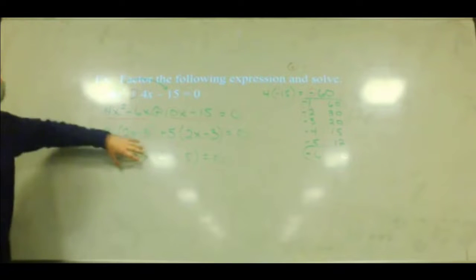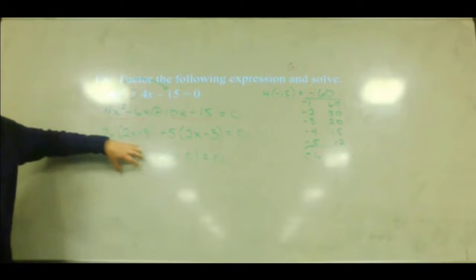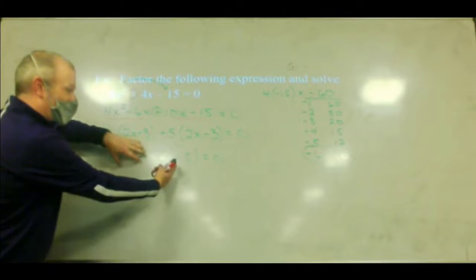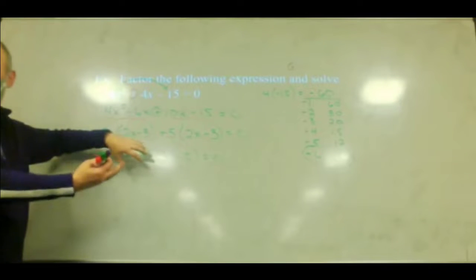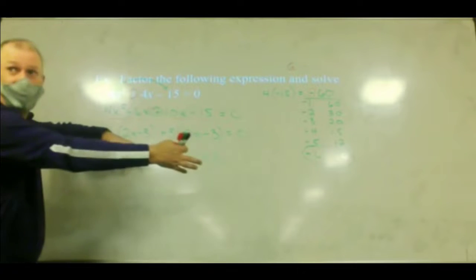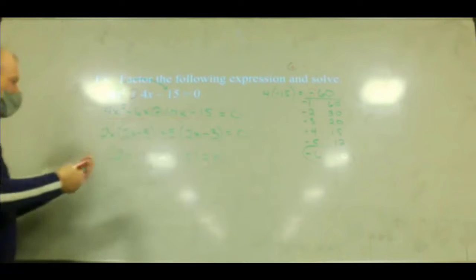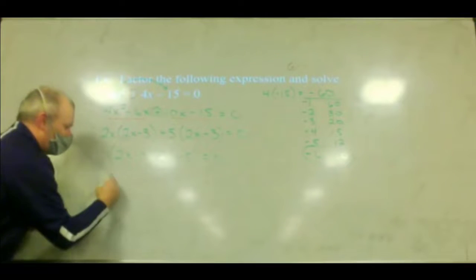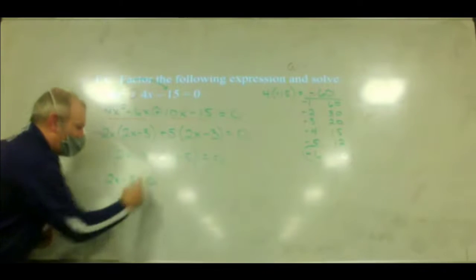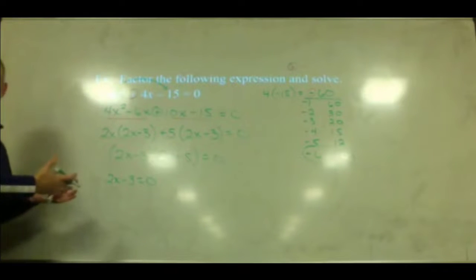So see if this makes sense. If this parentheses right here equals 0, and we multiply it by that, do we see that'll make that true? 0 times whatever this is will equal 0, right? So that means if 2x minus 3 equals 0, that's going to make this true, this equation.